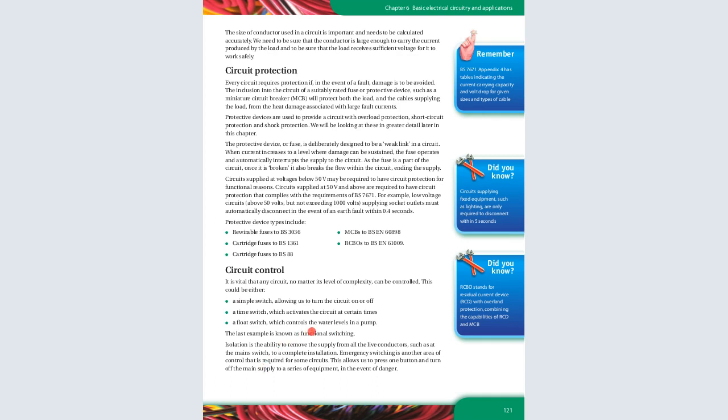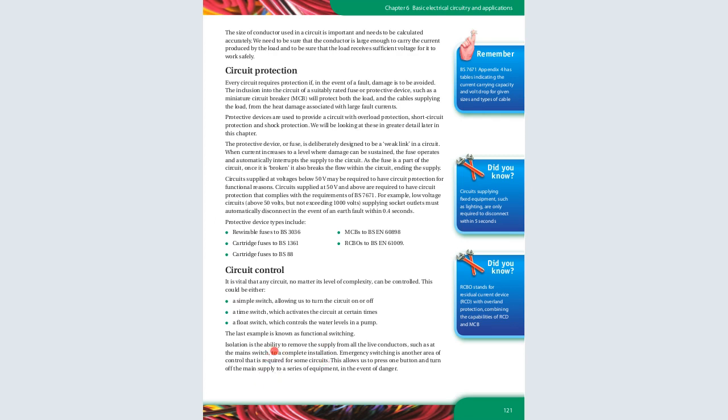And then we have a float switch which controls the water level in a tank. When water is being pumped and the tank seems to be full, this switch is able to switch off the water flow or the pump automatically.